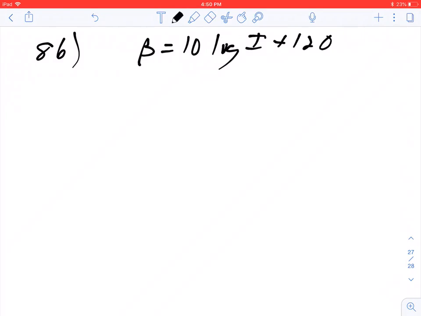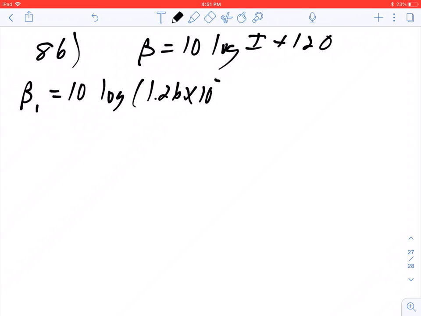What we need to do is find the decibels at each intensity and then subtract the two. So for the first one, we'll call this beta sub 1, and that's going to be for an office. That is going to be 10 log 1.26 times 10 to the negative 7th plus 120.